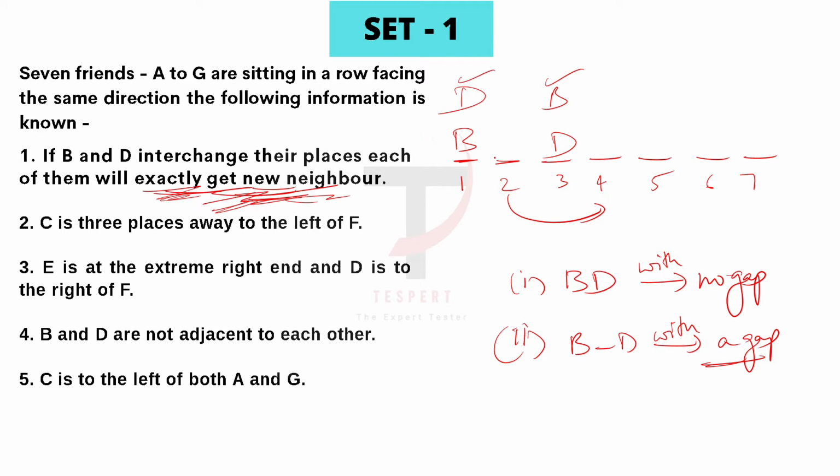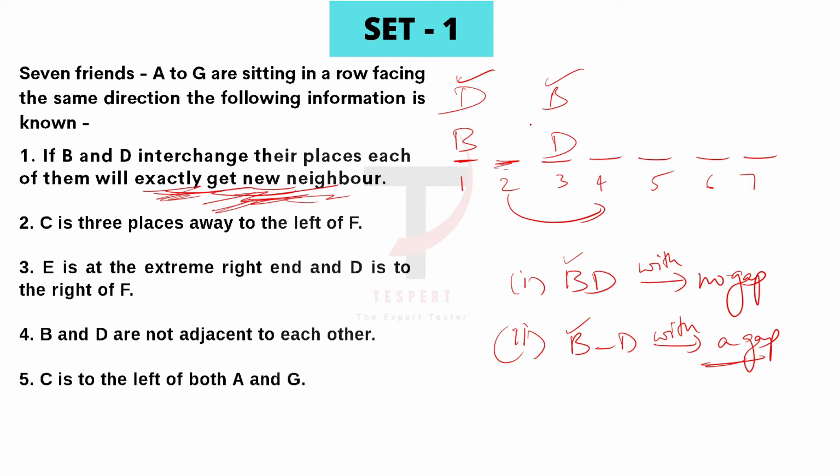Since 2 is the common neighbor, it was the neighbor before and it is the neighbor now as well. So D is not getting any new neighbor. So B and D with a gap is possible, but if B is at any of the extreme ends, it is never possible to get exactly one new neighbor, even if the places are interchanged.